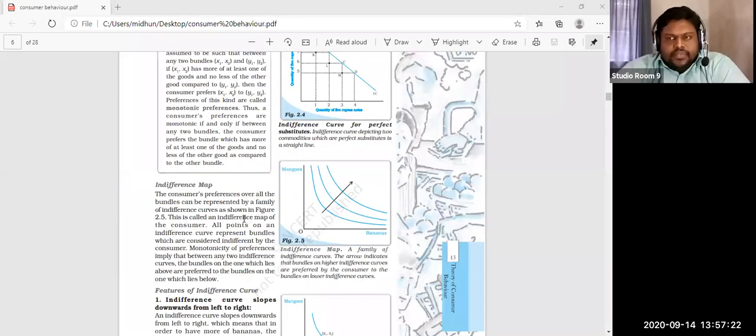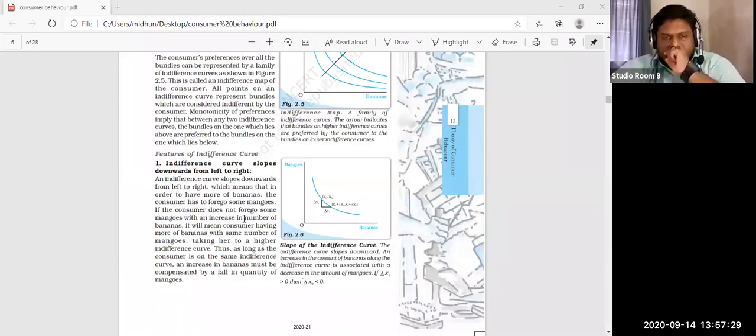The first and foremost important feature is that the indifference curve slopes downward from left to right, which means that in order to have more bananas, which we discussed in the morning class, the consumer wants to give up purchasing mangoes.